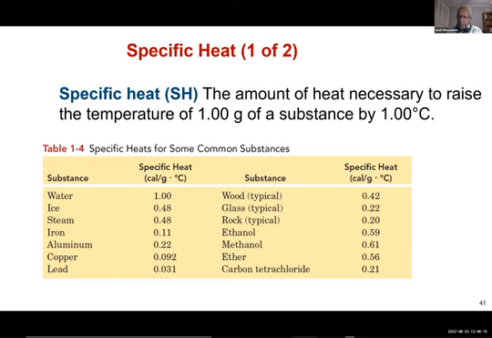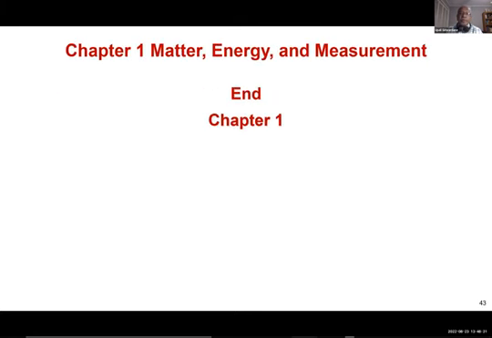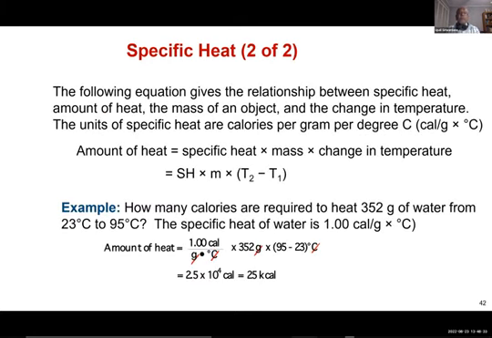We can also calculate heat absorbed by a certain material using specific heat, which I'm going to show in the next slide here. The following equation gives the relationship between specific heat and amount of heat and the mass of an object, and also using temperature change.